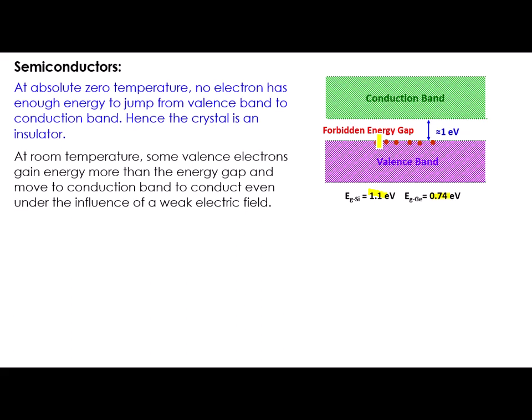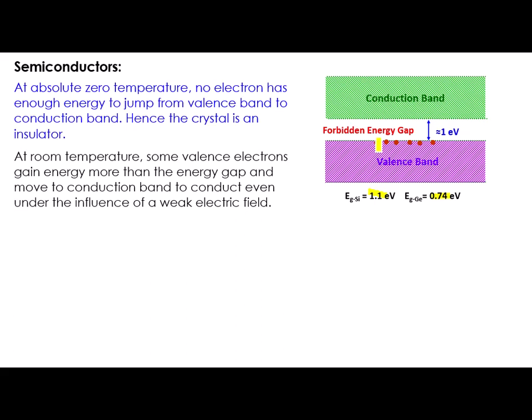Some of these electrons will be excited to the conduction band, leaving a deficiency of electrons in the valence band. Those electrons which get excited to the conduction band will then take part in the process of conduction.